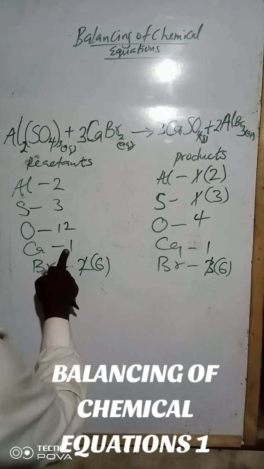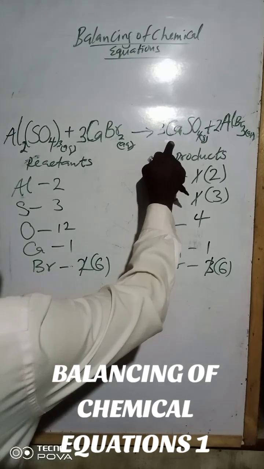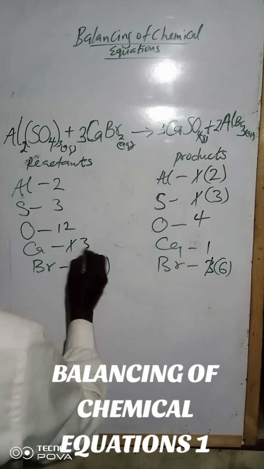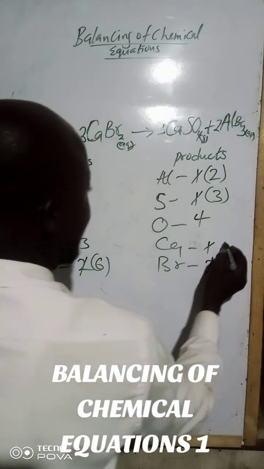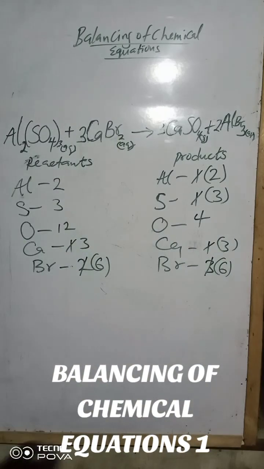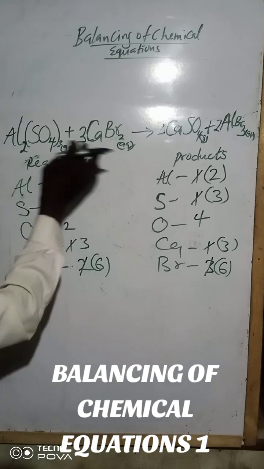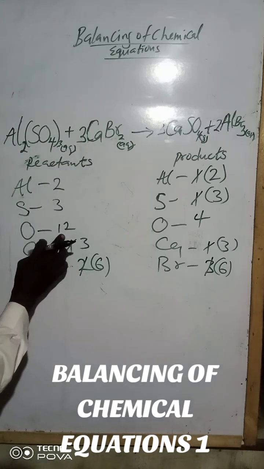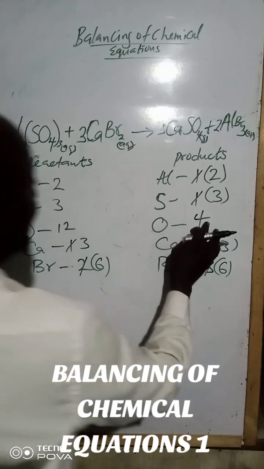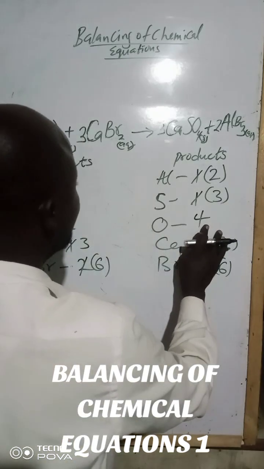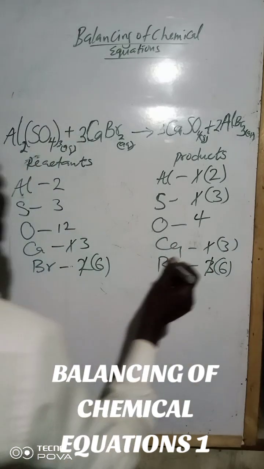The next one is calcium. How many calcium do I have here now? I am having 3 atoms of calcium here, and I'm also having 3 at the other side. So this one is balanced. When you look at it, what is left is that of oxygen. Here at the reactant, the number of oxygen is 12. And at the other side, the number of oxygen is 4.